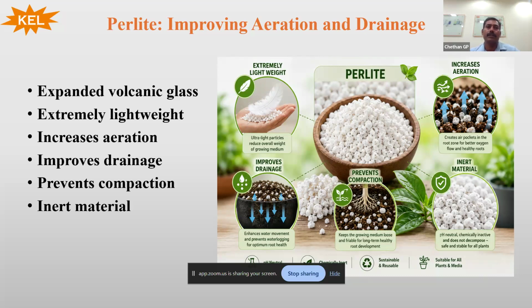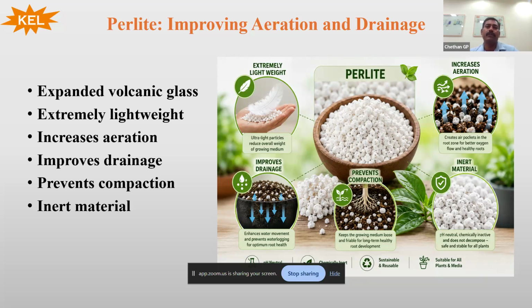Roots require oxygen continuously for respiration. Without adequate oxygen, nutrient uptake slows, and root diseases become more common. Adding perlite increases the air-filled porosity, improves the drainage, and prevents the growing medium from becoming compacted over time.